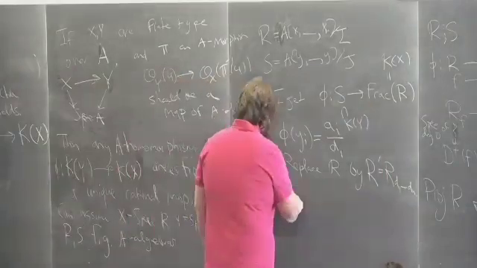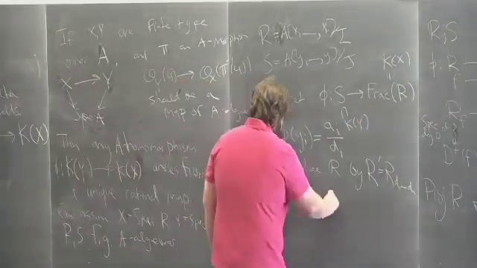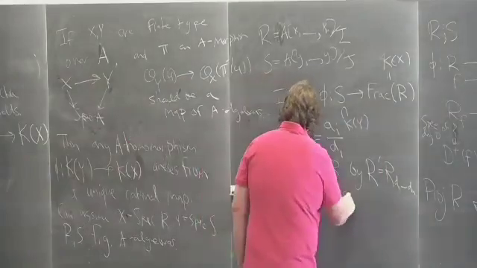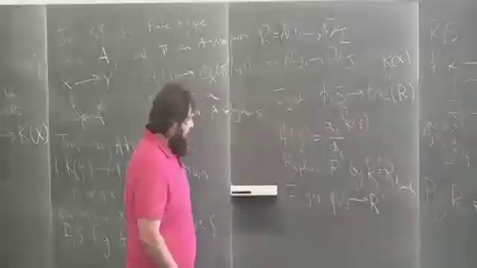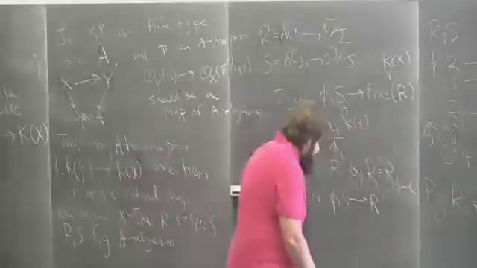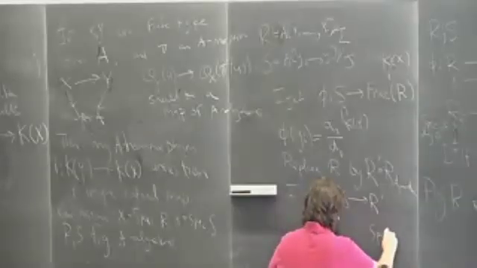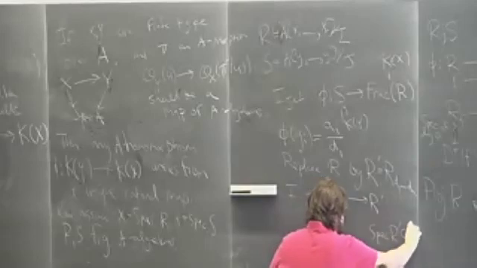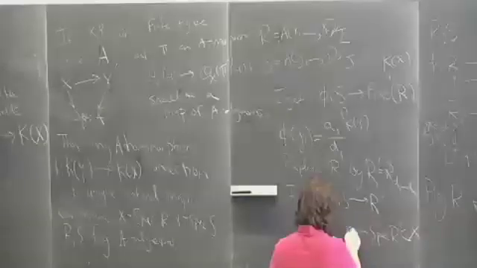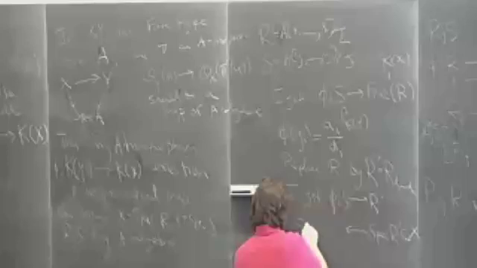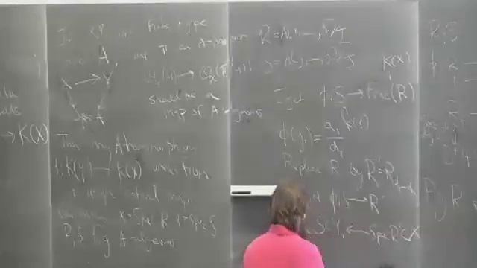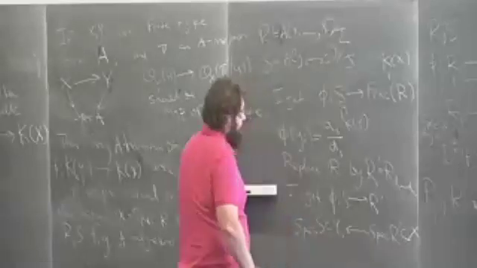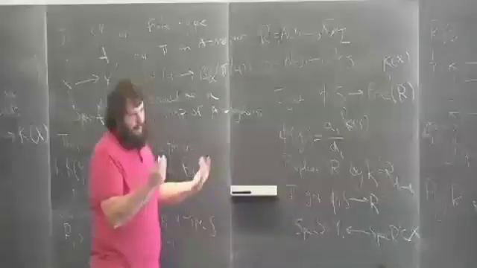So I get a map from S to R prime. And so a map back the other way from spec of R prime, which is an open subset of X, into spec of S, which is an open subset of Y. And this is the rational map I was looking for.